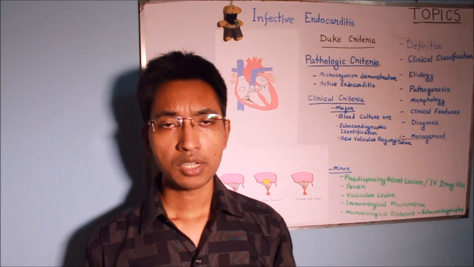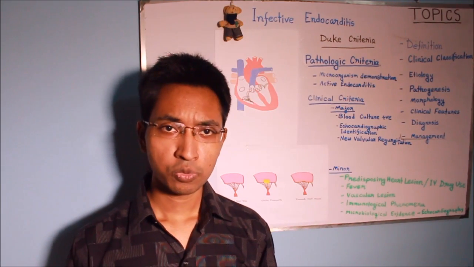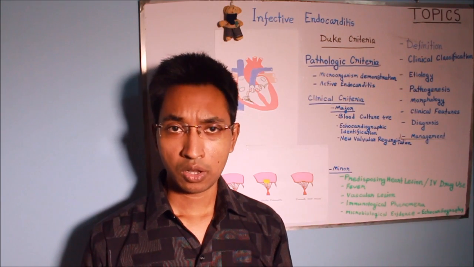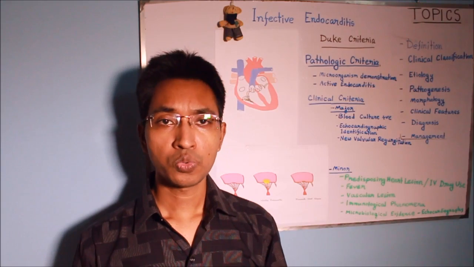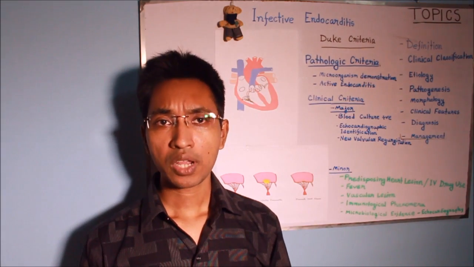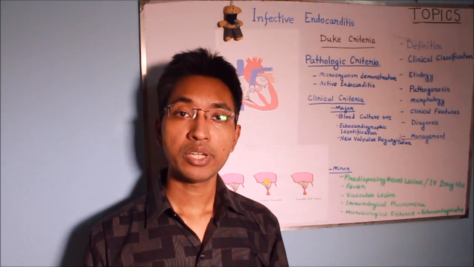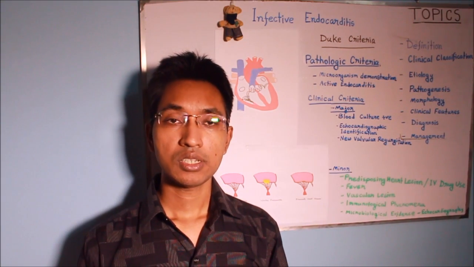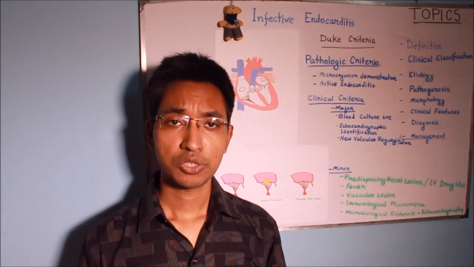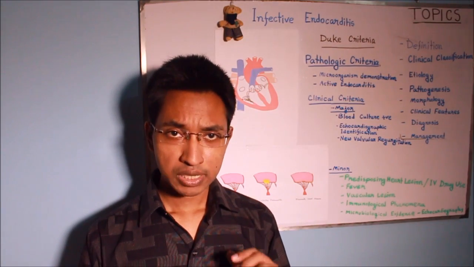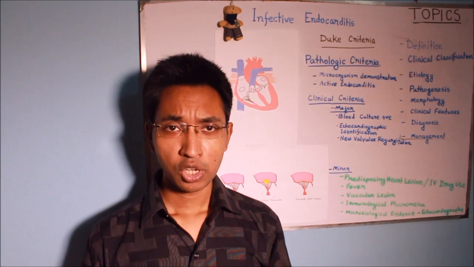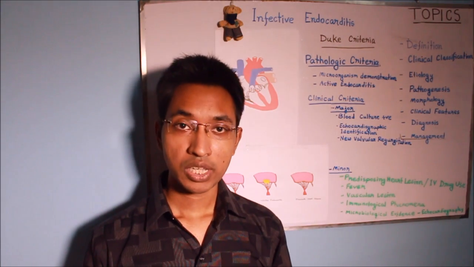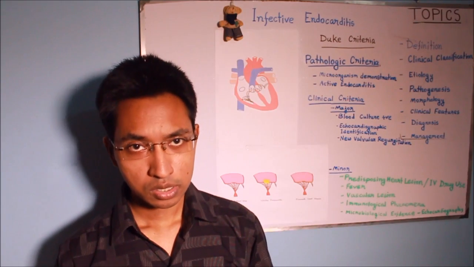Always remember that under the microscope we will see that these vegetations will consist of three zones. The outer layer or cap will contain fibrins and platelets, and they will appear as eosinophilic or pinkish. The zone beneath the outer layer or cap will be basophilic in appearance, and it will contain bacterial colonies.